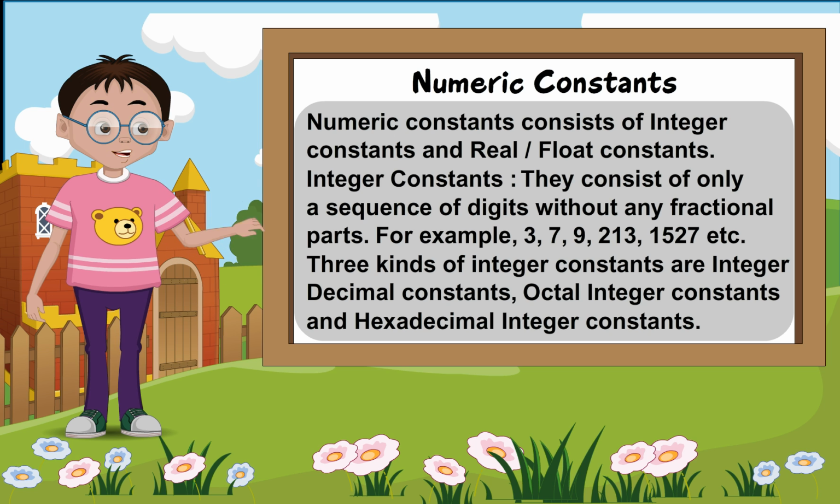They consist of only a sequence of digits without any fractional parts. For example, 3, 7, 9, 213, 1527, etc. Three kinds of integer constants are decimal integer constants, octal integer constants, and hexadecimal integer constants.